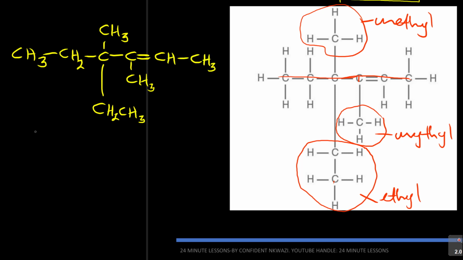Now let me count the carbons here. The number of carbons on the structure is carbon 1, 2, 3, 4, 5, 6.